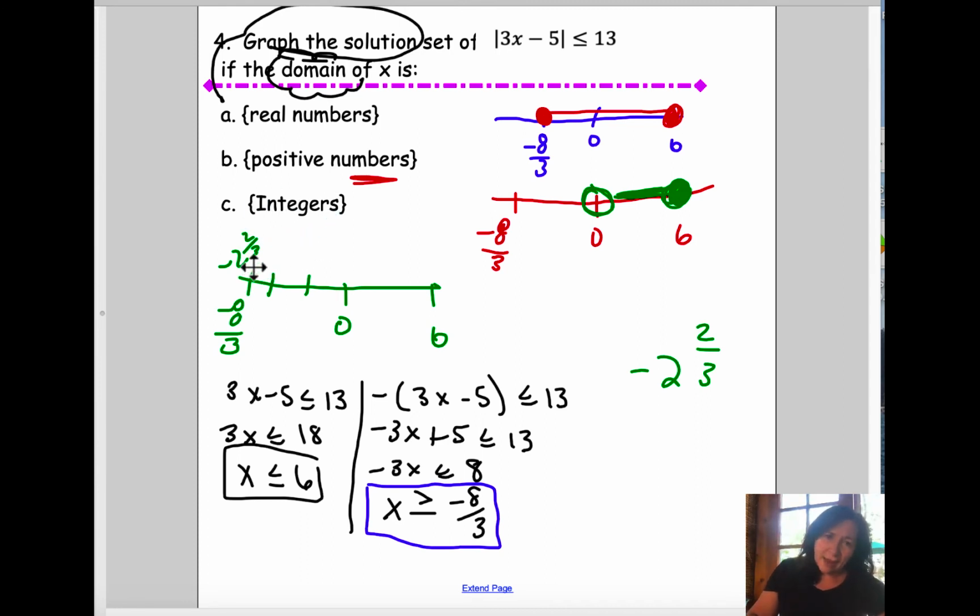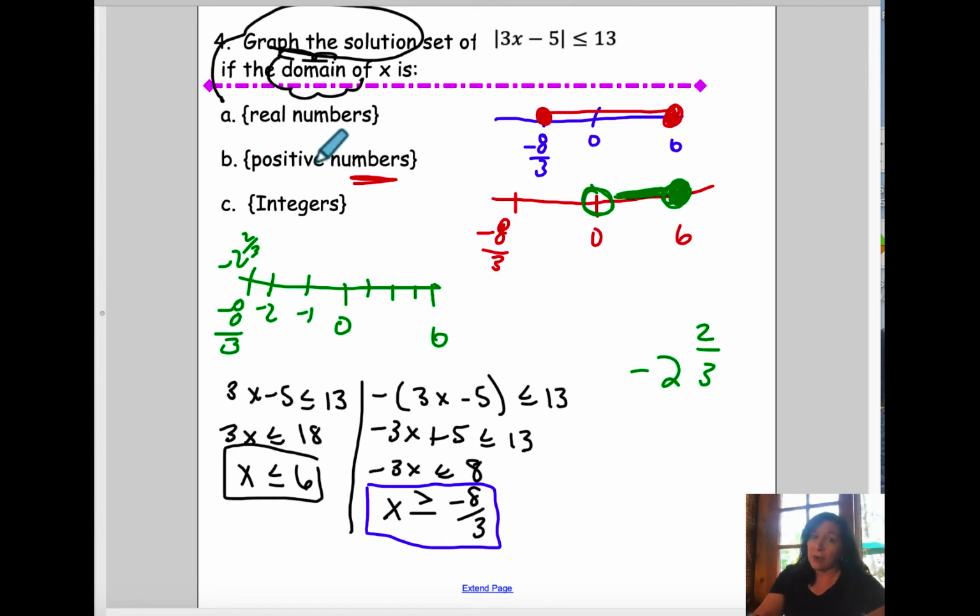They don't want that. That's a fraction. We're talking about integers, meaning these values in between here. So what they're looking for your answer to be is this, not negative 2 and 2/3. Because remember, it's x is greater than, so even though this is not a value here, you can't count that.